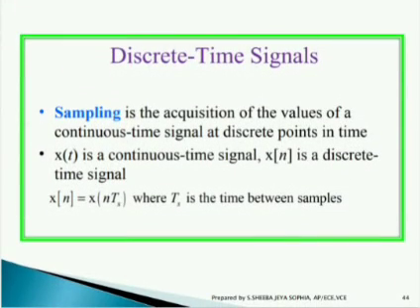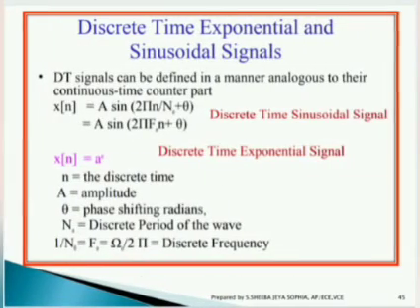Next, discrete time signals. Sampling is the acquisition of values. As I have said, from continuous signals, discrete signals are extracted by choosing specific sample points at specific time instances. So for discrete time exponential and sinusoidal signals, x of n is equal to A sine of 2 pi f naught n plus theta, where n is the discrete time, the discrete sample points which we are choosing.